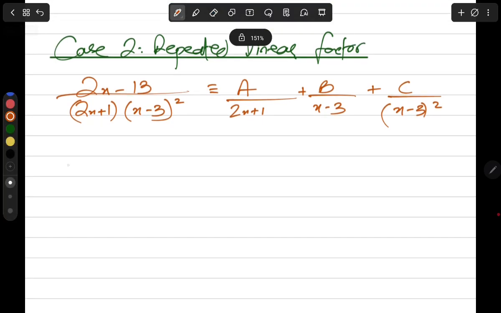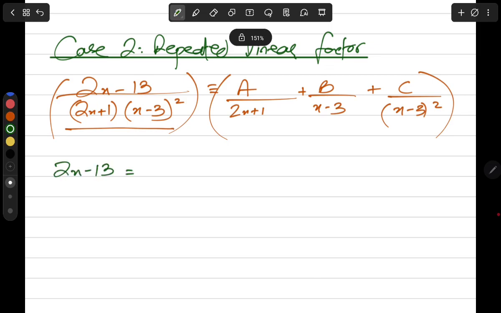Now we repeat the same process and we multiply this entire equation by the denominator on the left hand side. So the left hand side is going to become 2x minus 13, and a gets multiplied with this entire denominator of the left hand side, so it is only left with x minus 3 whole square.